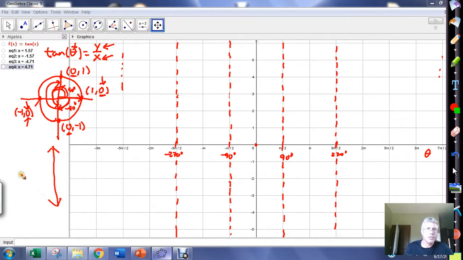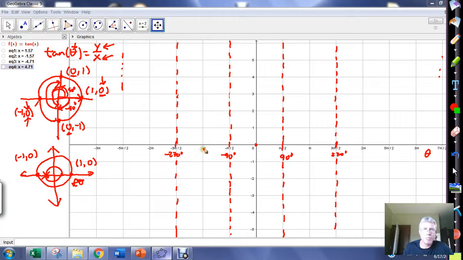So the y's are going to be equal to 0 on the unit circle here, and right here at -1, 0. And these are going to be every 0 degrees, 180 degrees, 0 degrees, -180 degrees, and they're going to repeat themselves over and over again.